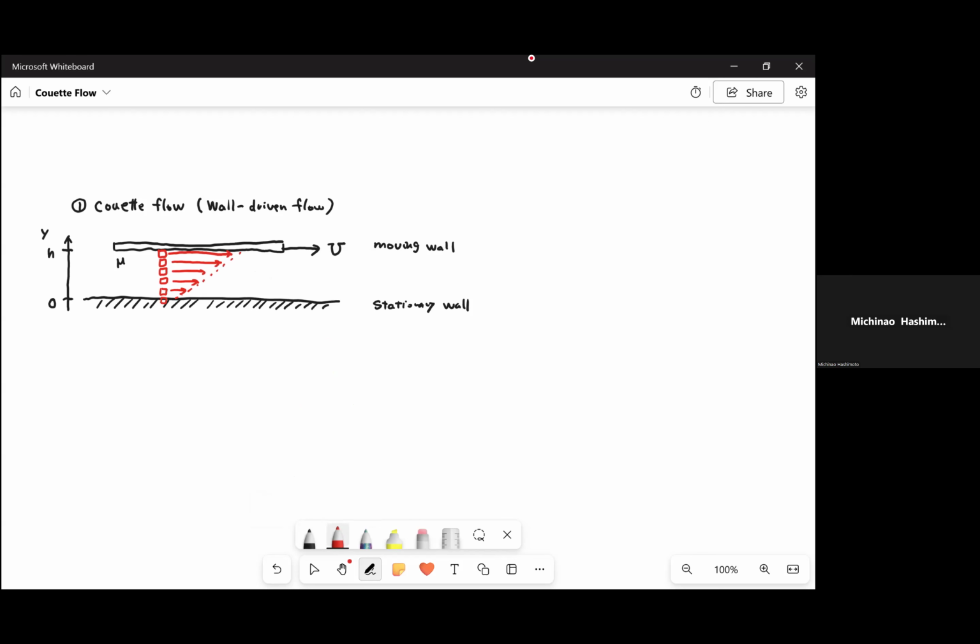At the time in week one, I sort of imposed this as the result of this flow, but we have never proven this. So today we would like to use the Navier-Stokes equation to show that this is in fact the solution that we get.